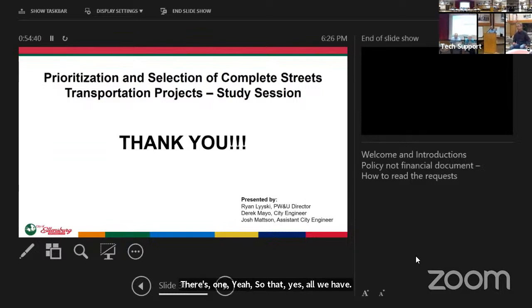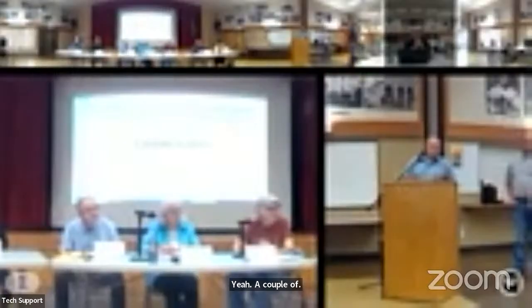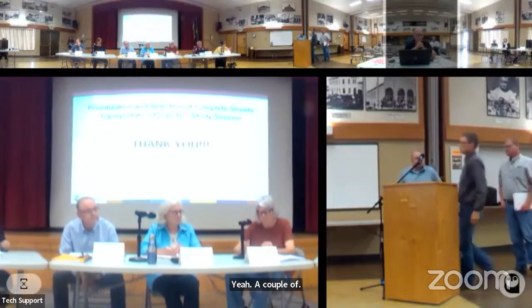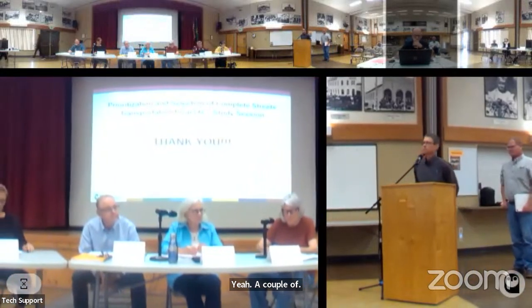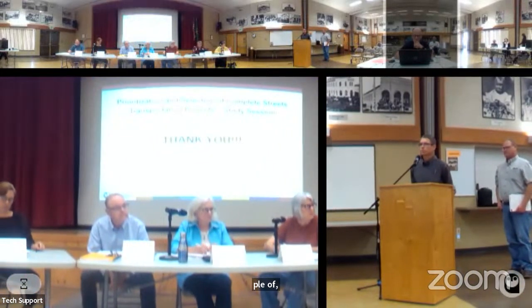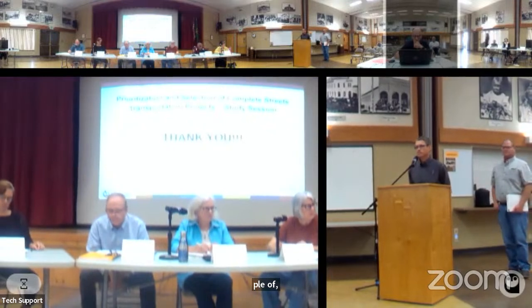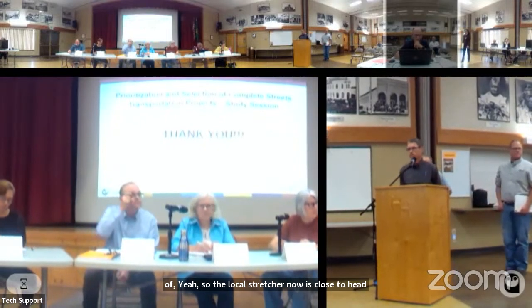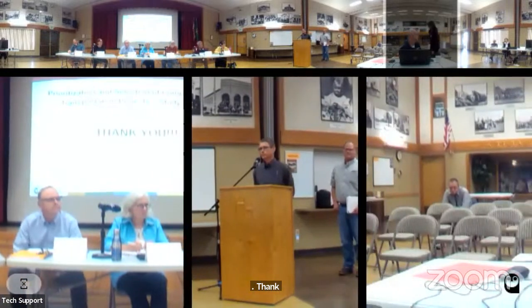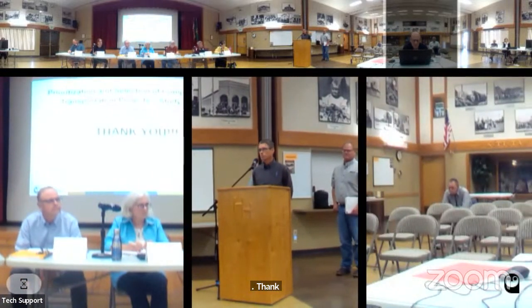Quick question. A couple of terms that you used, level of stress analysis, what is that? Maybe John can answer that. That's part of our active transportation plan. So the level of stress analysis looks at each corridor and ranks it for bicycle use, and gives it four different levels of stress. One would be very low stress.